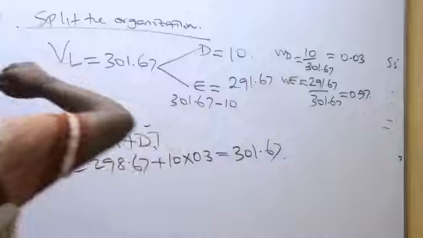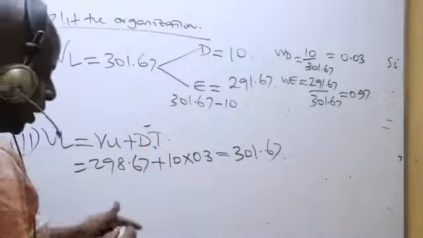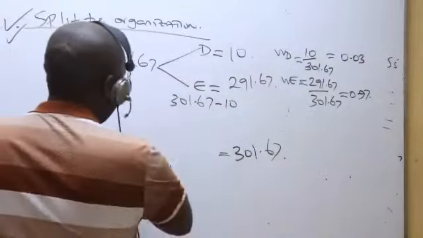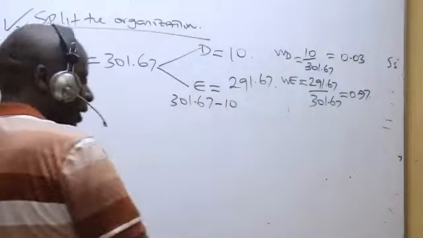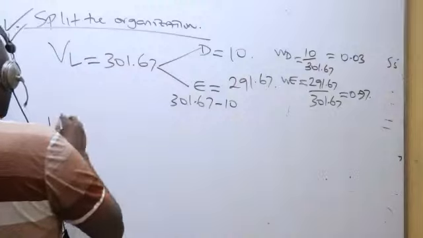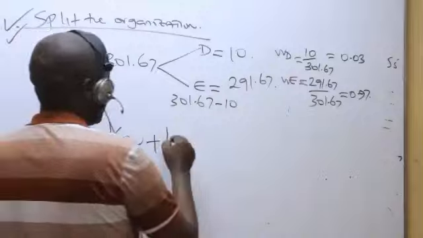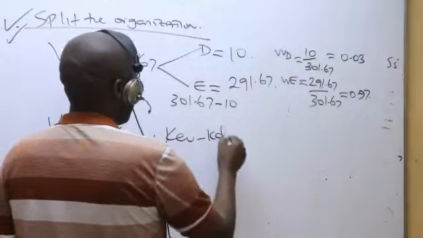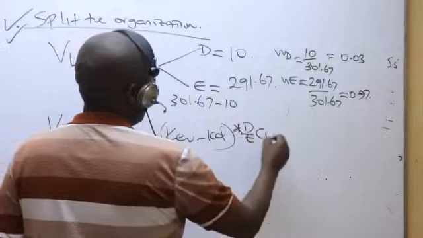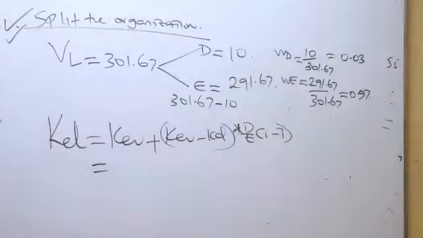After splitting the organization, the next thing will be the KEL before I get WACC. So give us the KEL. We know the formula: KEL equals Ku plus (Ku minus KD) times debt over equity times (1 minus tax). So what is our Ku in this question?